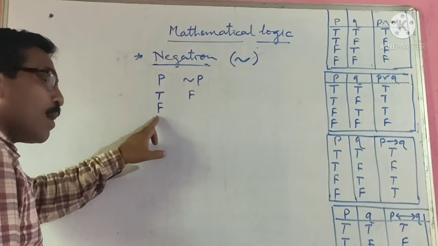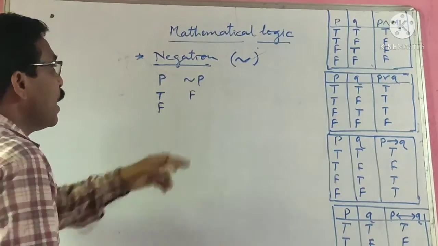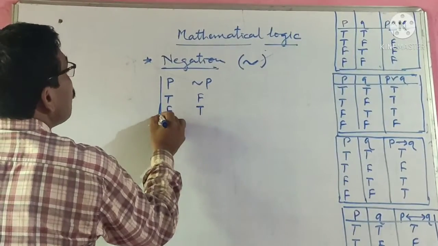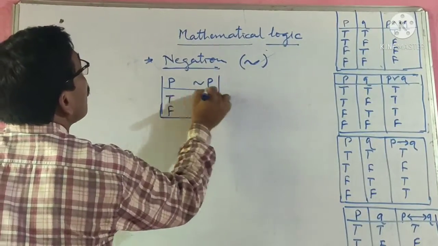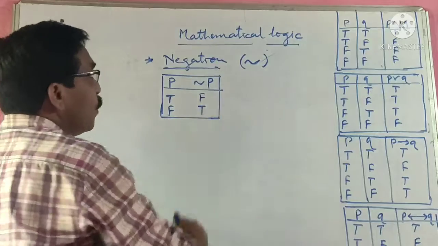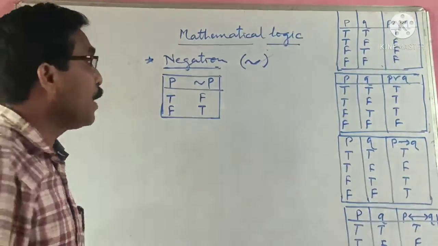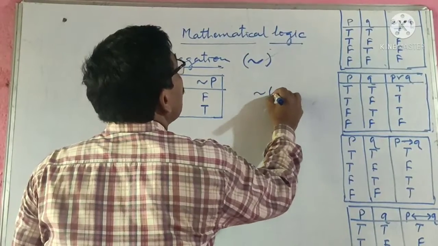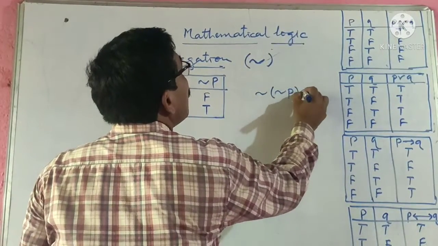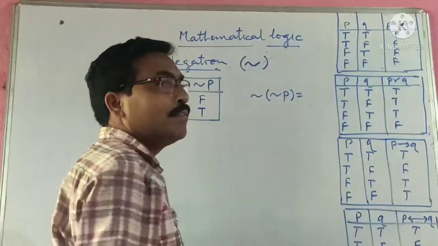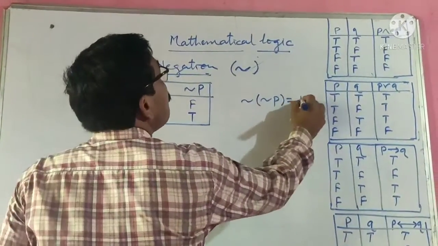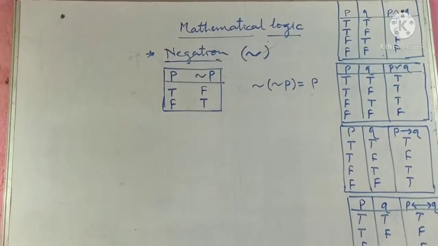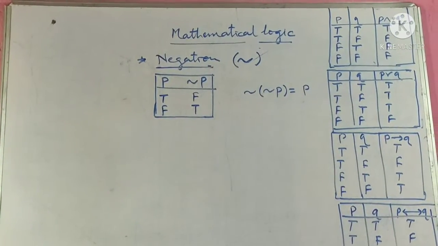When P is false here, then its negation is true, T. So this is the truth table for negation. After that we have one note in case of this negation, that is, negation of negation of P is equal to the statement itself, that is P. So this is what negation is.